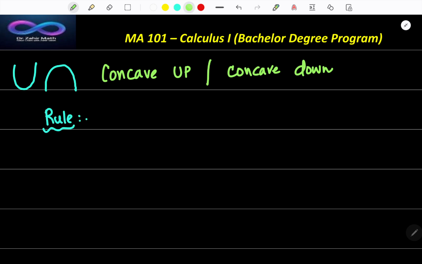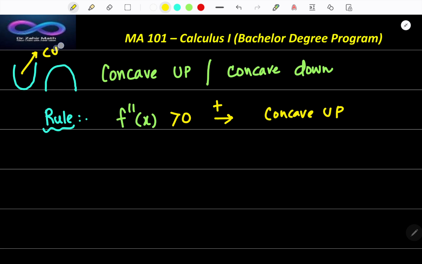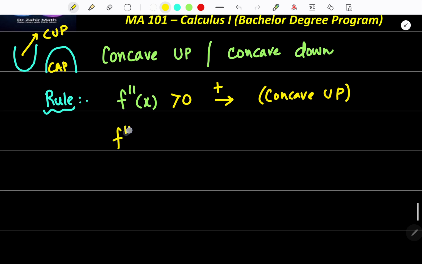If f double dash of x is more than 0, meaning positive, it means concave up. Concave up looks like a cup, can you see that cup? This looks like a cap. If f double dash of x is less than 0, you get negative, it means concave down.